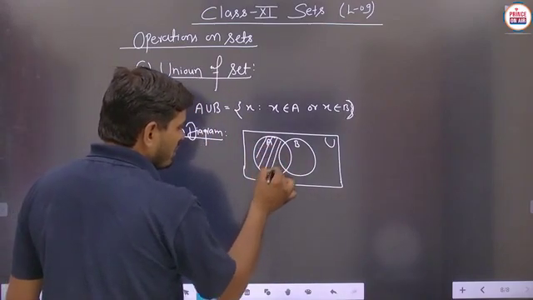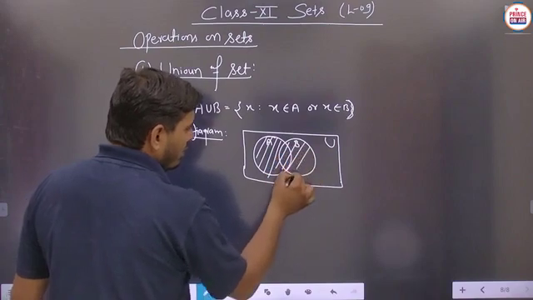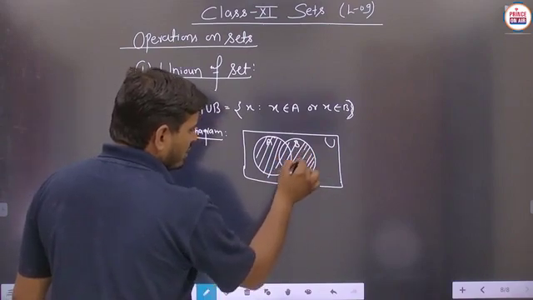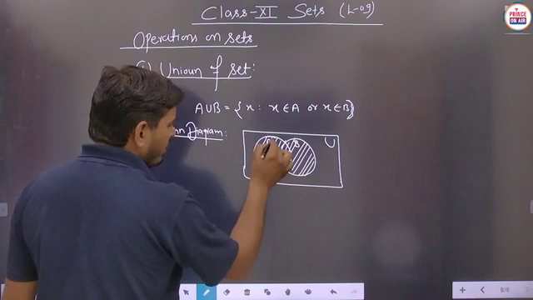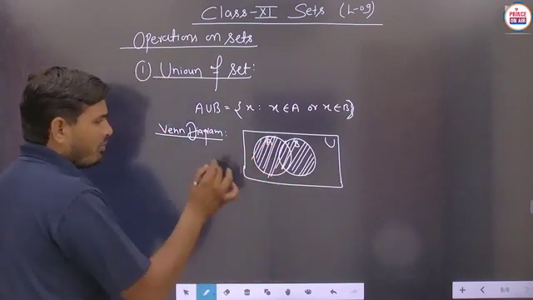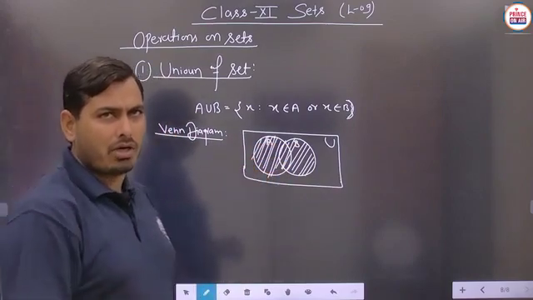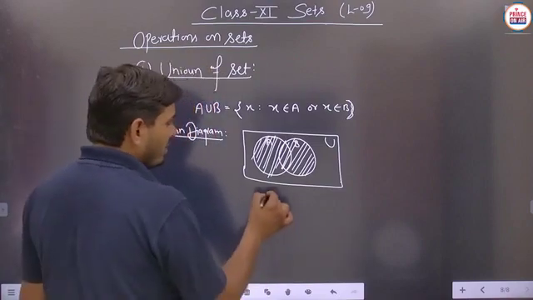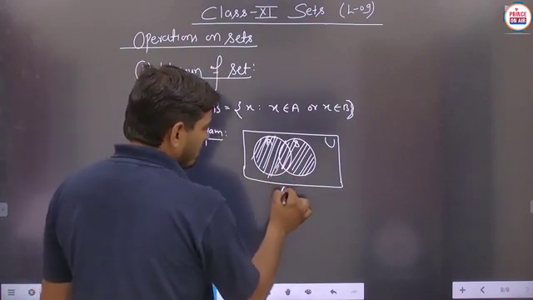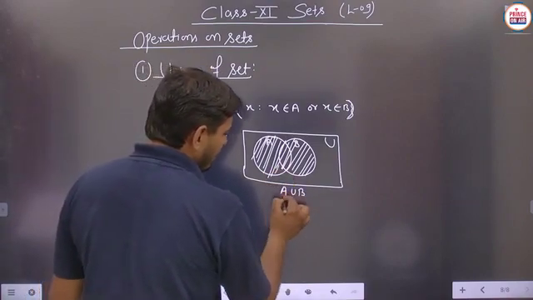So we just shade the particular area belonging to set A and set B. Is it clear? With the help of a pencil, you just darken the particular area. This answer will be represented as A union B. Is it clear?